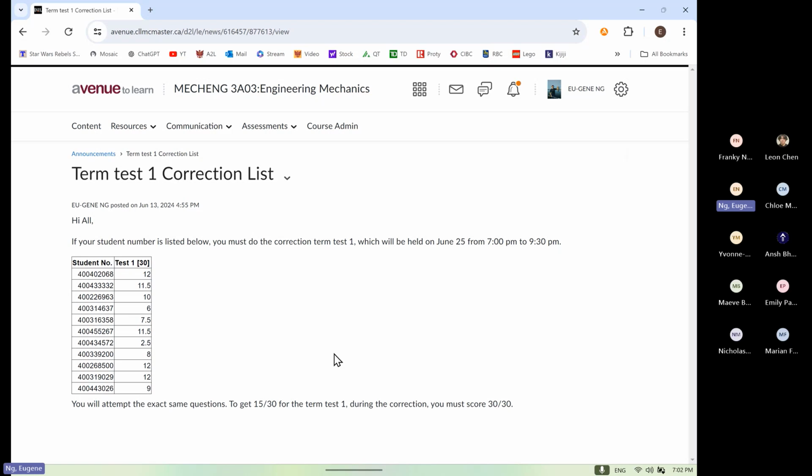I have to be fair because there are students that attempted the term test the first time, and they might just pass. So you cannot get more than a grade of 15 out of 30 doing the corrections. The correction will be held on June 25th at 7 to 9:30 p.m.